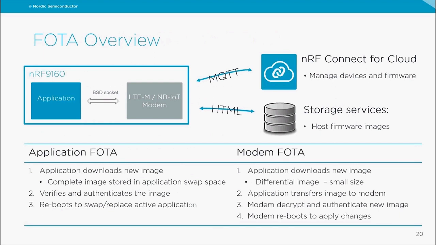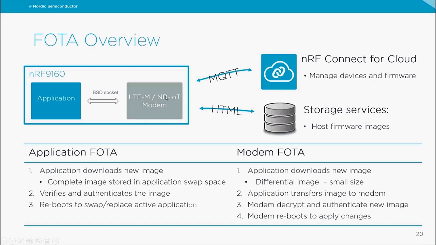So in this scenario, the nRF Connect for Cloud is used for managing devices and firmware. This is really the control interface. We use MQTT simply because it runs well over the TLS connection that we have to nRF Connect for Cloud. But you can also change this to use LTE-M to M, which is also commonly used for device management.